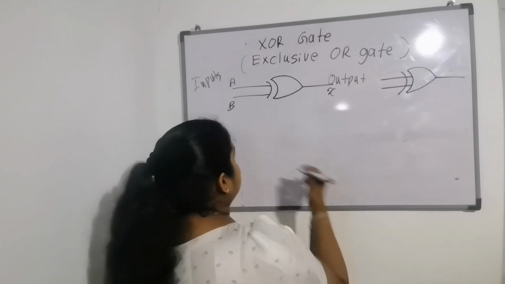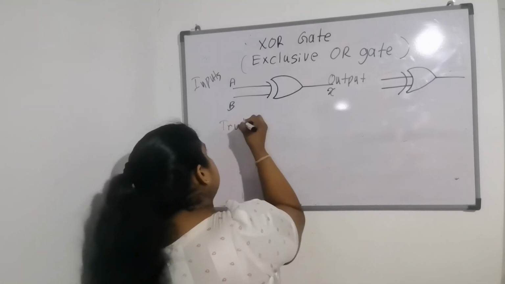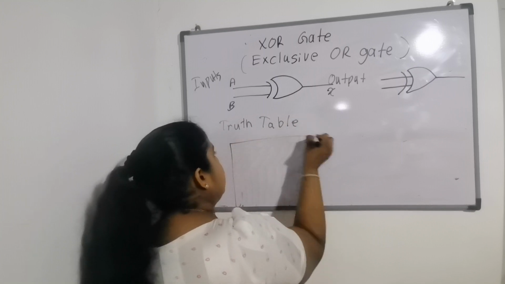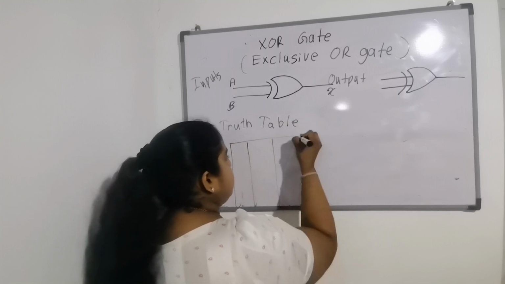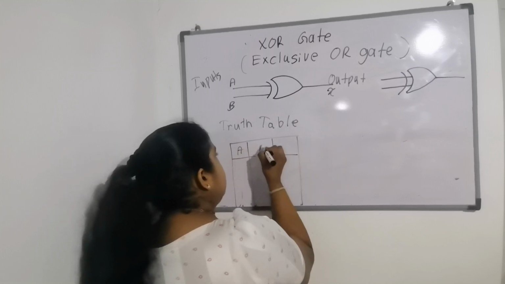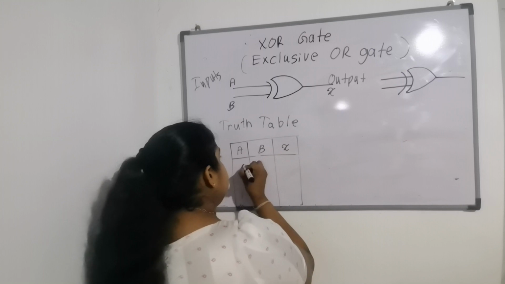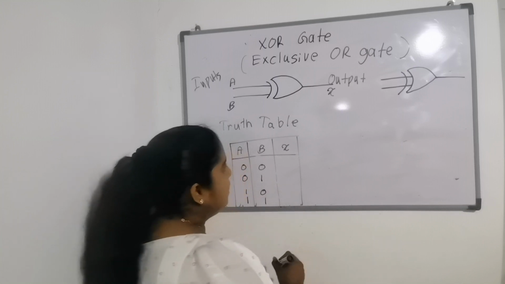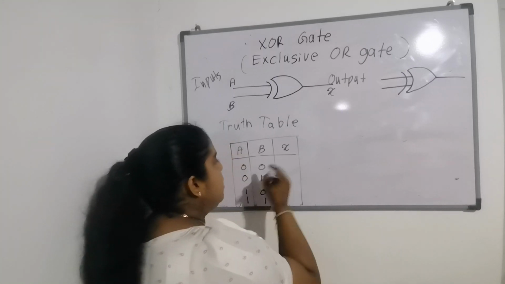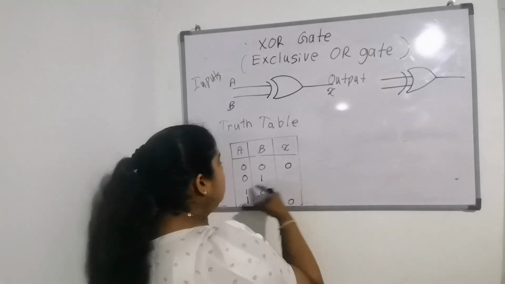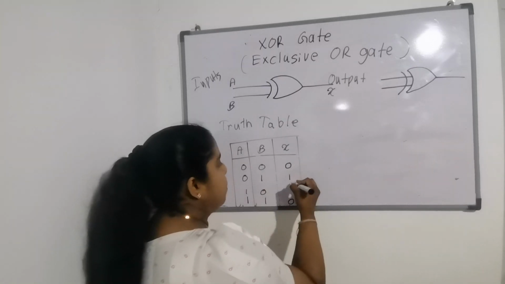Then the truth table. Truth table, you have to separately remember this truth table. That's very special. A, B, X: 0 0, 1 1, 0 1, 0 1. And here the output for 0 0 will be 0, 1 1 also 0, for 0 1 and 1 0 it will output 1.